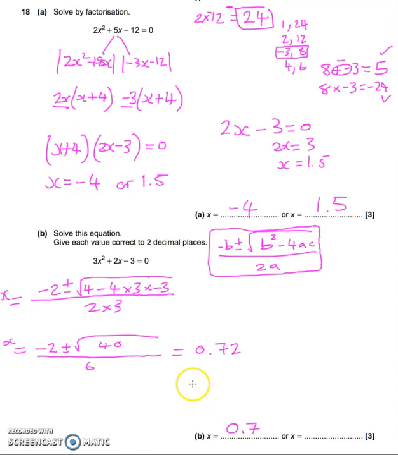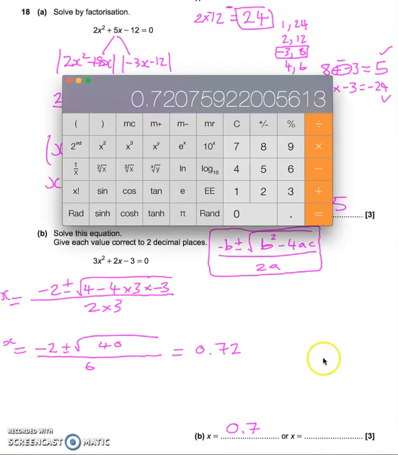And then all we need to do is make sure we do this for the minus version for the other solution. So get your calculator back up. We're going to do minus 2 minus the square root of 40. That equals that, and then you divide it by 6.